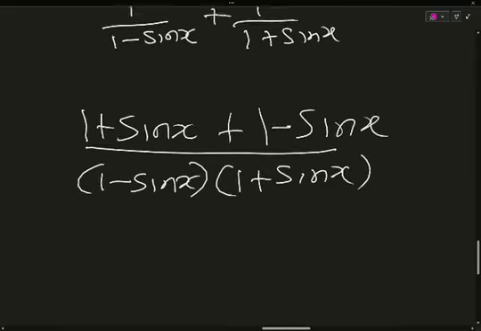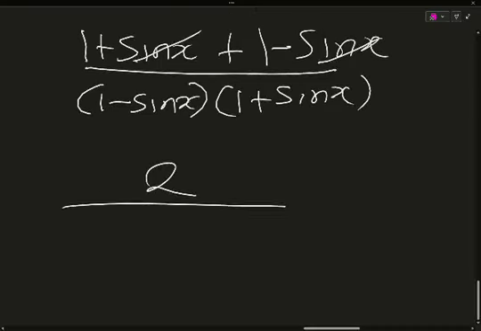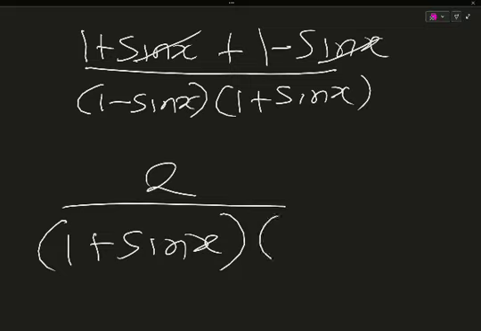We continue. So we're going to group like terms. When we group the like terms, this and this will cancel because this one is positive, this one is negative. So it's simply going to be 2 over 1 plus sine x, 1 minus sine x, right?